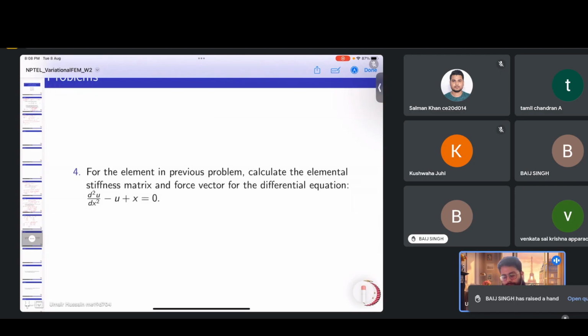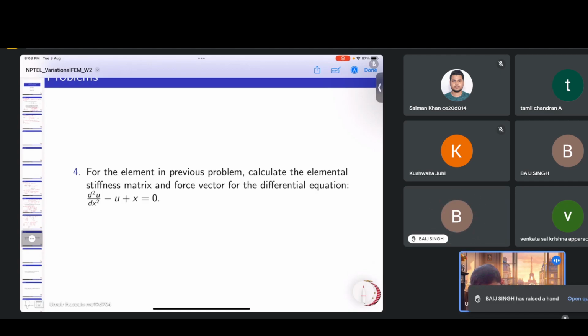So now we have this given differential equation. We have shape functions calculated in the previous problem. For the element in the previous problem, calculate the elemental stiffness matrix and force vector for the differential equation. If we have a differential equation, the first thing is to get the weak form.